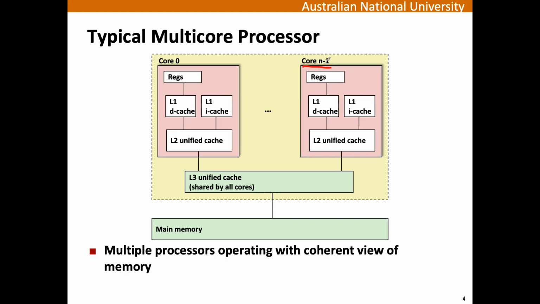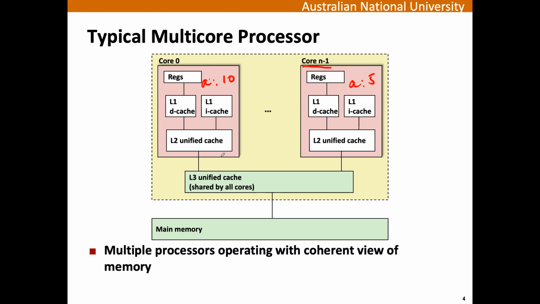And the different cores have a coherent view of memory. If we do things properly, it's not possible that a variable A has a value 10 here and a different value 5 there.